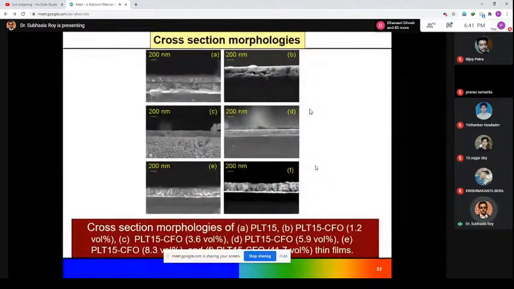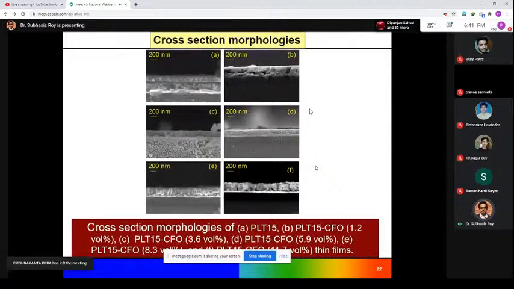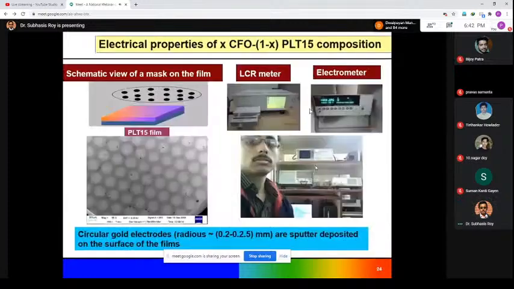For the ferroelectric and magnetic measurements, thickness is a very important measurement part. So in the same cross-sectional analysis, we confirm this has the electrical property. We use an impedance analyzer, LCR, and electrometer to check the electrical property of our thin film.